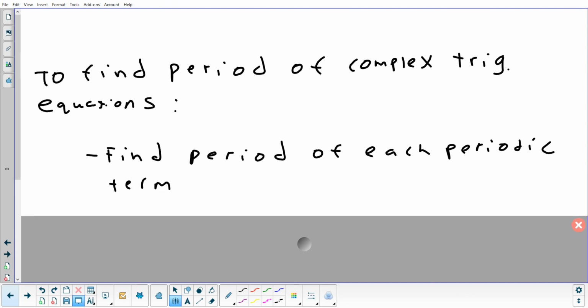So to find the period of a complex trig equation, start by finding the period of each term, and specifically, each periodic term. You don't have to worry about the period of something that's not a trig function, because it doesn't have a period.